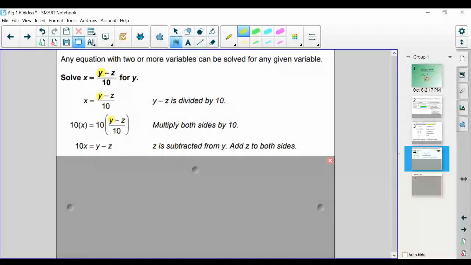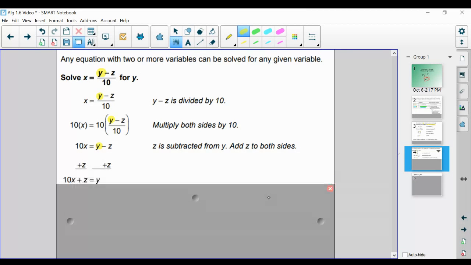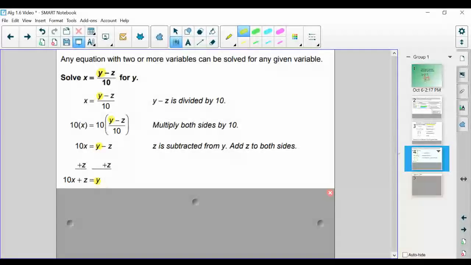In doing so, we have 10x is equal to y minus z, which means that z is subtracted from y, and we want to get that y all by itself. In order for us to do that, we're going to have to add z to both sides. So we get 10x plus z is equal to y. And notice, all the same variables are there.